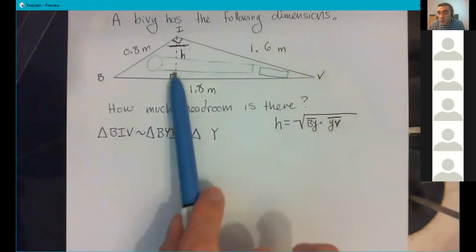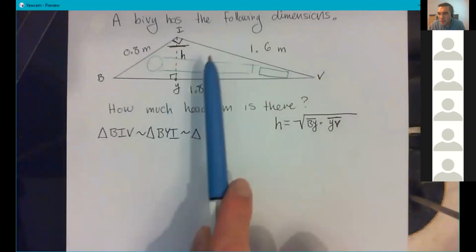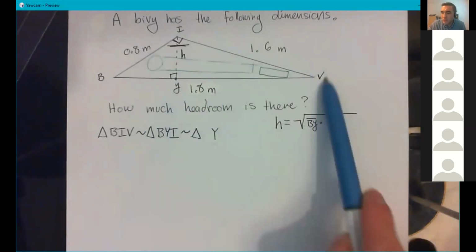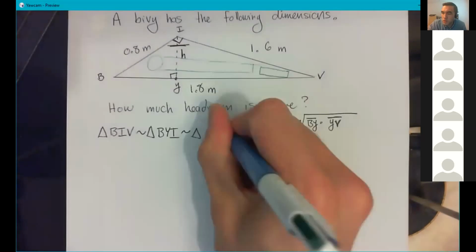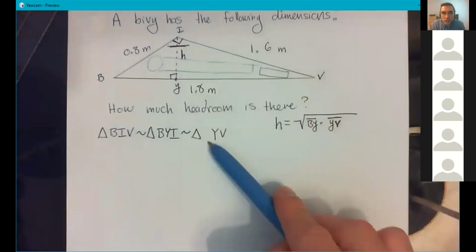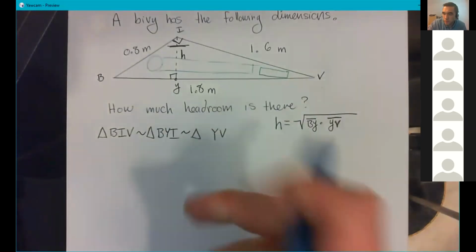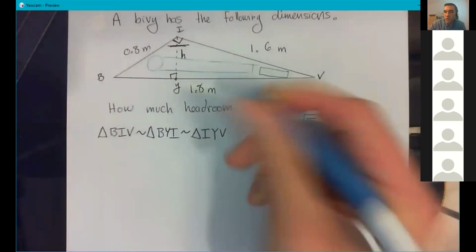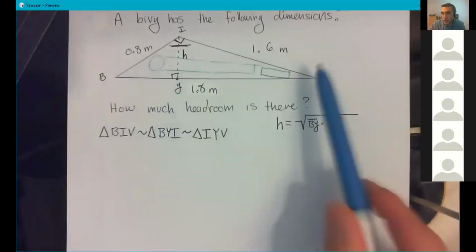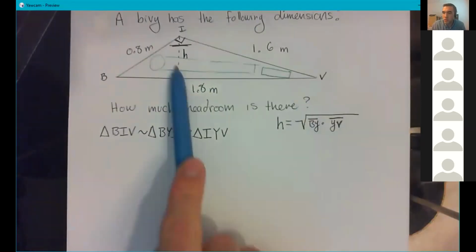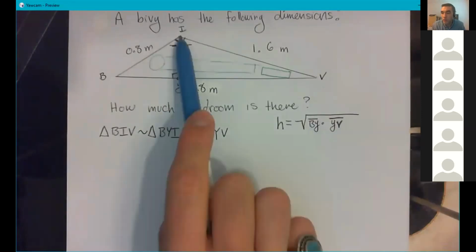So if I want to write my similarity statement, I know that V has to align with V. V came last, so I'll put that last over here. And so what letter has to go up top? I. So big triangle BIV is similar to triangle BYI, is also similar to triangle IYV.